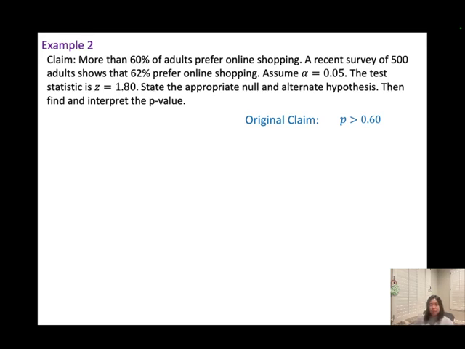Tell me which tail test you are using. After we have the original claim, we have a strictly greater than, and that will be the alternate hypothesis, right? And then the null hypothesis, the opposite of this, will be less than or equal to. And this is going to be the right tail test.